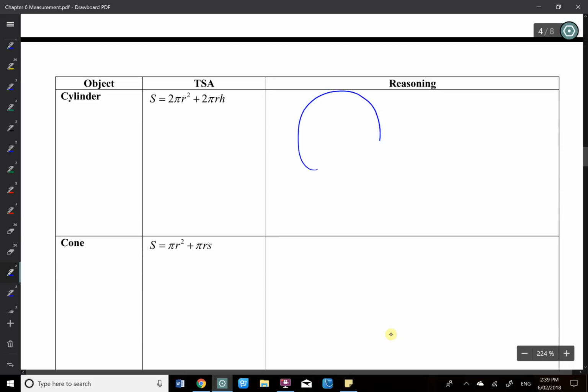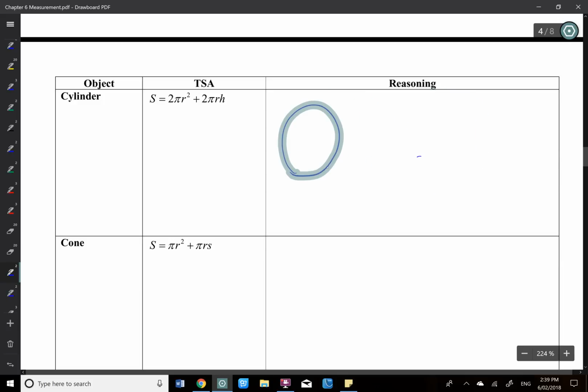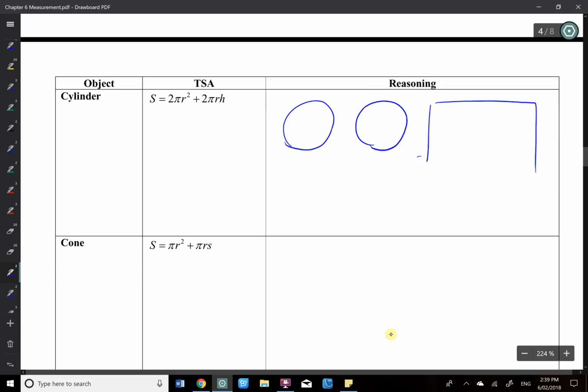First of all, we have 2 circles, and I have a rectangle here. We have radius r. So pi r squared is the area of the circle, and we have 2 of that. So it's 2 pi r squared.